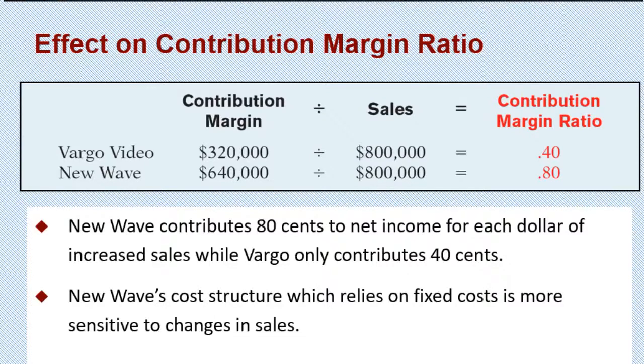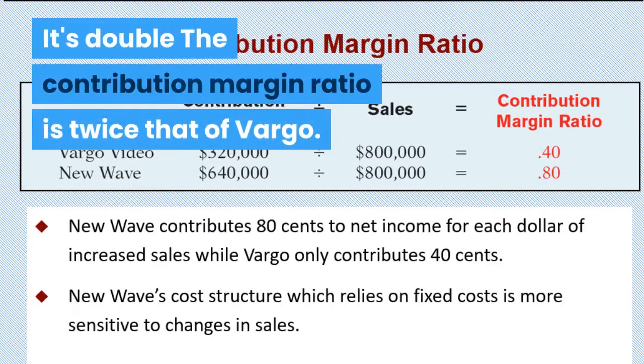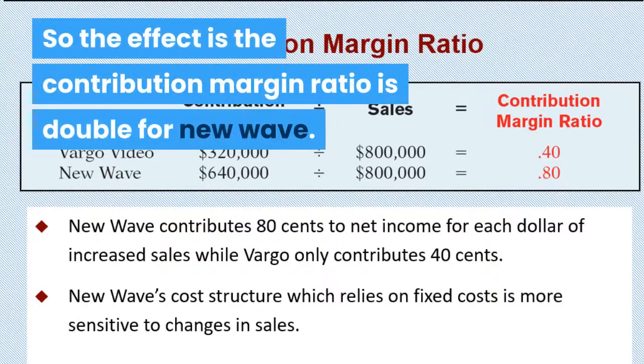Now, when we look further at the contribution margin and the contribution margin ratio, the contribution margin for Vargo is 320, the sales 800, the ratio then 40%. But look at NewWave's contribution margin ratio, percentage of sale, 80. It's double.